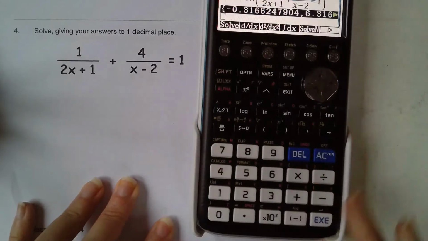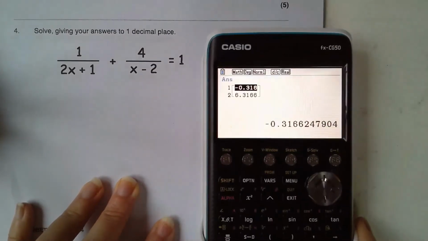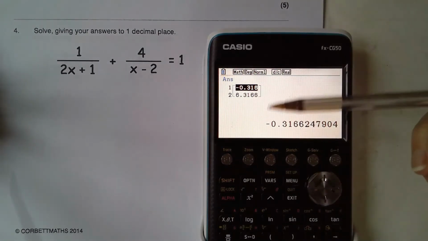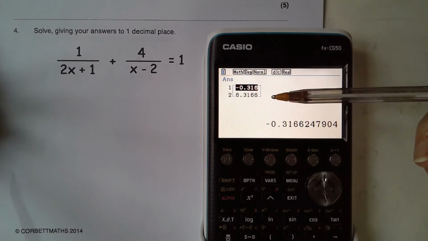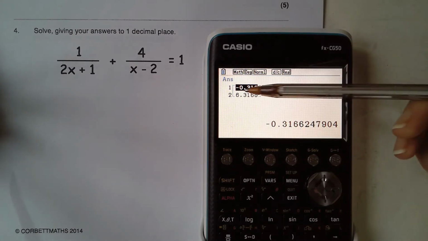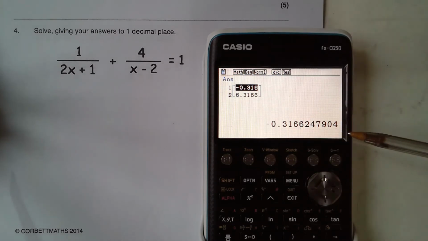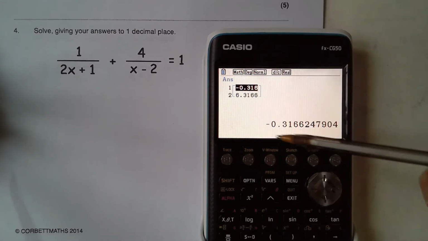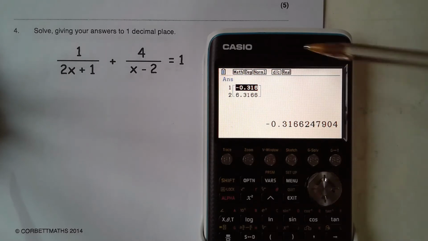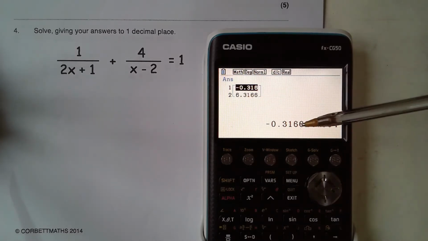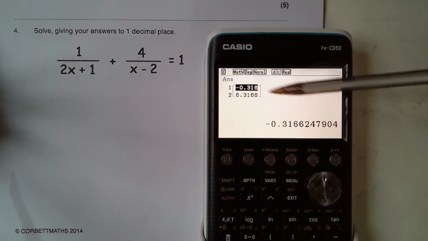If I push the execute button, what it does is it puts it into a table for me. This is very much like the table we saw when we were doing the solving linear simultaneous equations. So I've got the answer to 1 here, and I've got the full decimal along there. I've got the answer to 2 and the full decimal. Just as a word of warning, don't simply read it from the table, because it truncates the numbers, it doesn't round them.